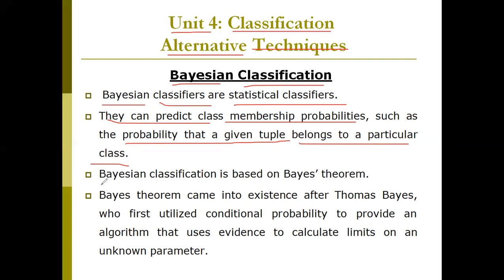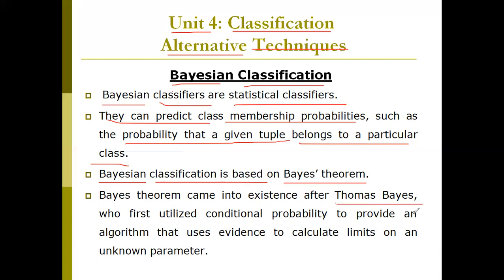Next, this Bayesian classification is based on Bayes theorem. Bayesian classification follows one theorem, and that theorem is called Bayes theorem. It is also one kind of classification based on these probabilities, and we may predict things, so that's why this is also one kind of classification.